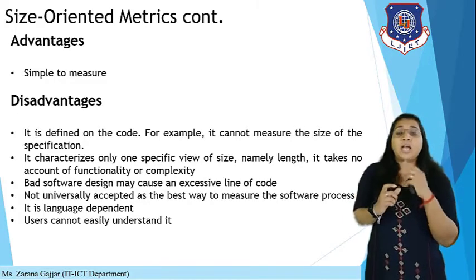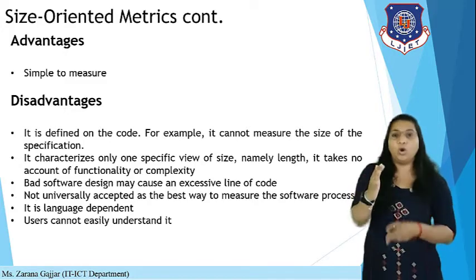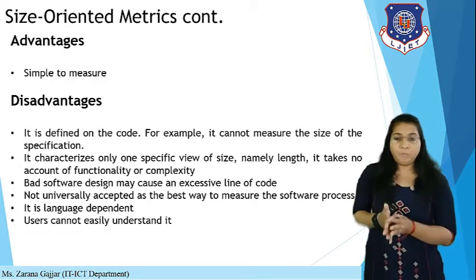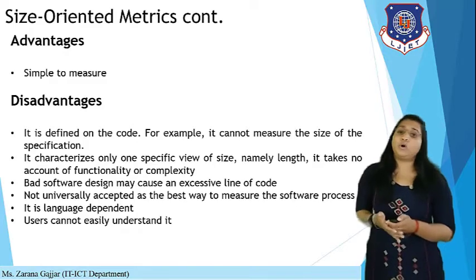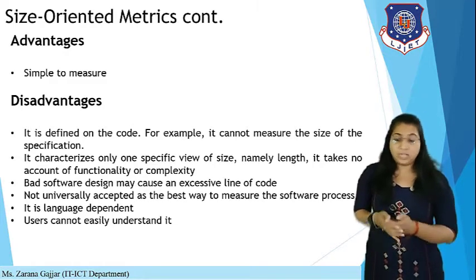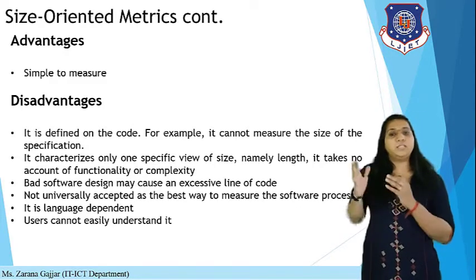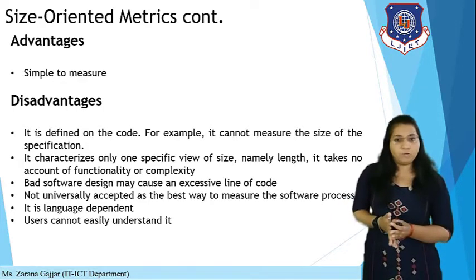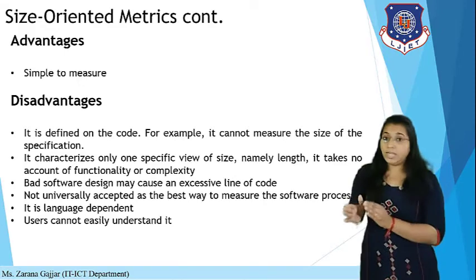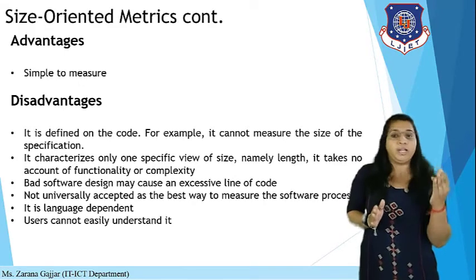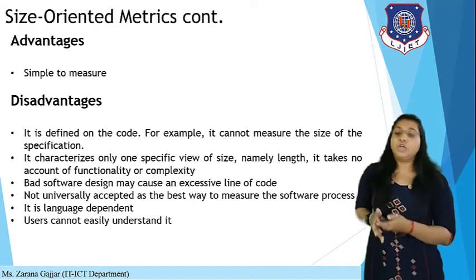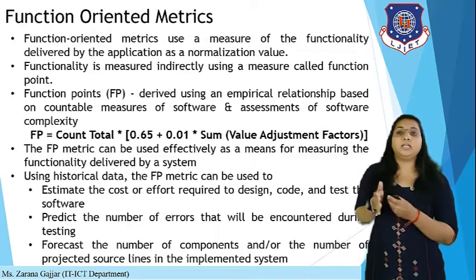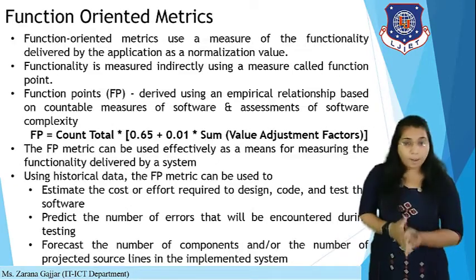So users can't easily understand the whole calculation properly. These are the disadvantages of the size oriented metric. The size oriented metric is the earliest measurement for calculating any size of code, but it is a basis for other measurements. Now let's discuss another one, the function oriented metric.